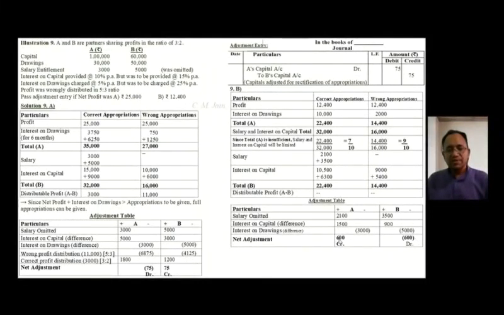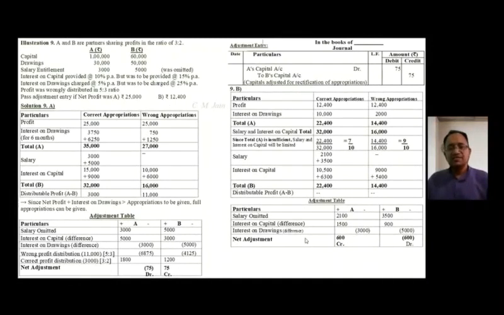Now again, positive 600 and negative 600, so their sum is 0. That means our calculations are correct, most probably, unless we have committed some other mistake, some compensating error. If no compensating error is there, then our calculations are correct.